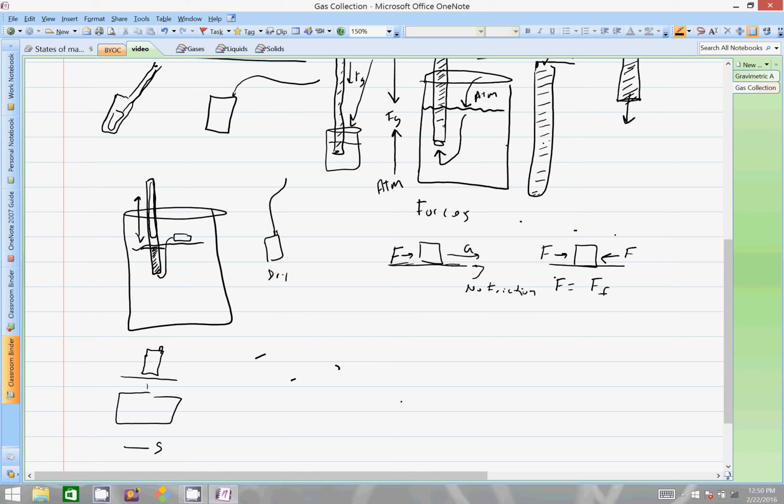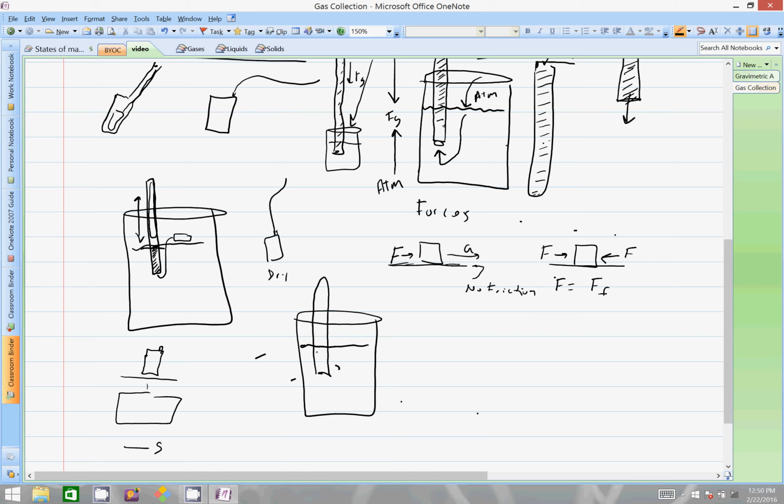Because, let's take a little side note here. If we have our tube upside down here, the force of gravity is pulling this water down, and let's say the line is right here. Well, then I have two forces. I have the force of the pressure of the atmosphere on one side.